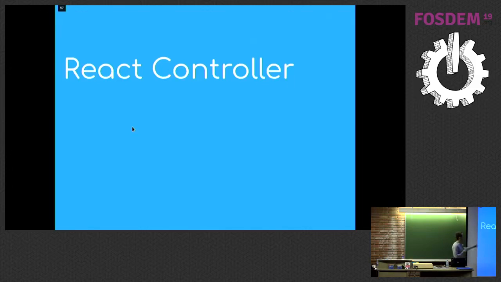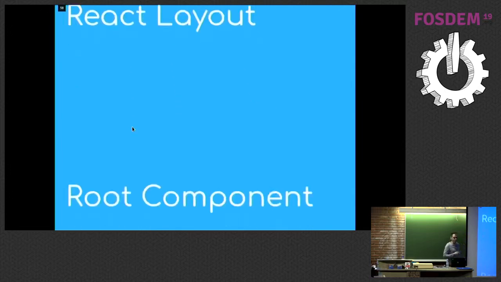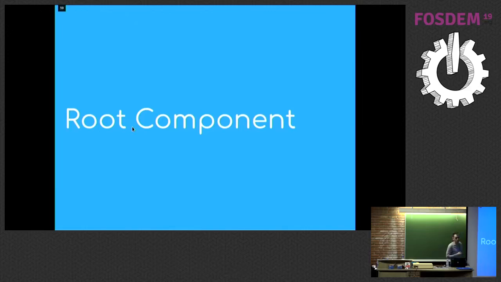We use a React controller, a specific controller that you can inherit from, and that React controller renders a specific React layout, which is still on the server side and is very small. It's a very lean layout, not the layout you're familiar with in Ruby on Rails. After that, on the client, we have a root component which wraps your component.